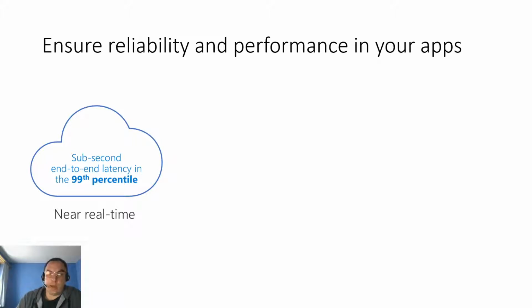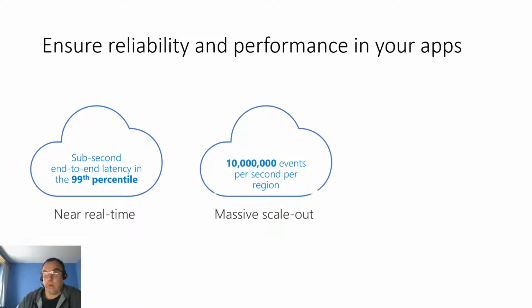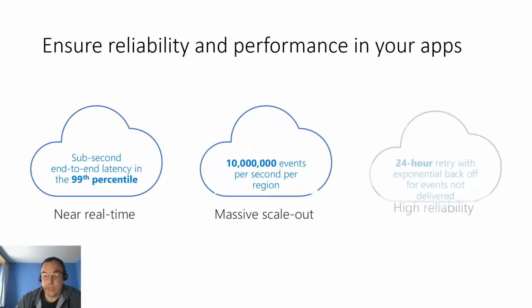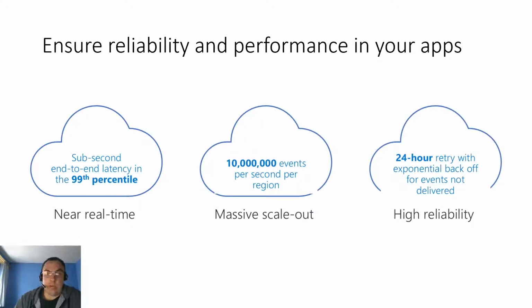It's near real-time latency. It can do tens of millions of events per region. So if you want more than that, you can use multiple regions. And it has a really high reliability with retry options and the likes to handle failures.